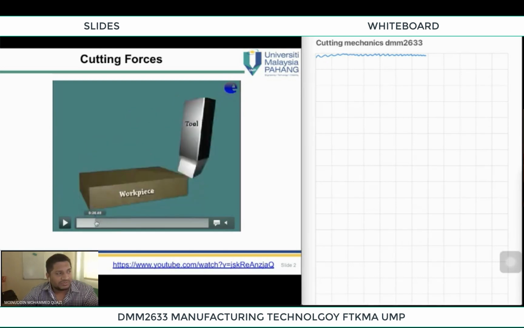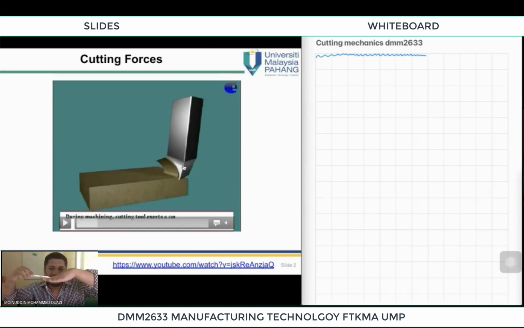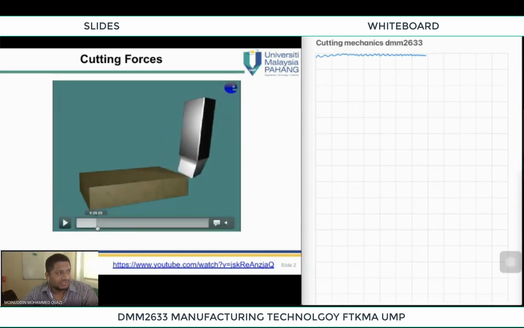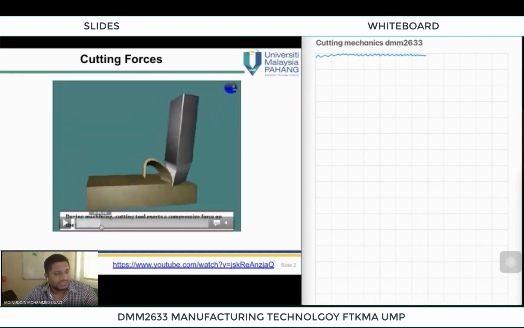As the chip moves up, it moves through the tool-chip offset, and this chip offset is due to the tool geometry. The tool is shaped like this so that the chips are going to move in this direction and curl up. Just see how the chips are curling up.